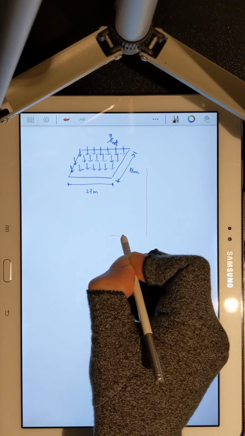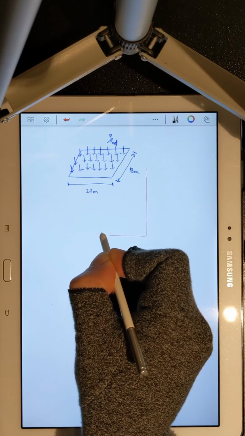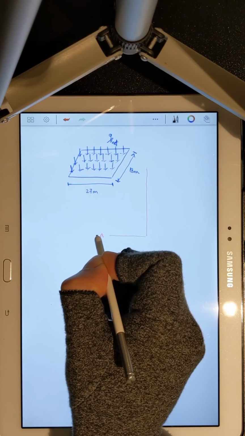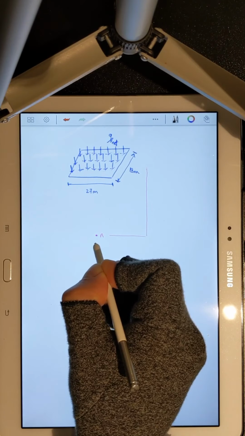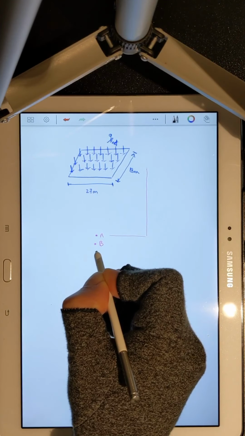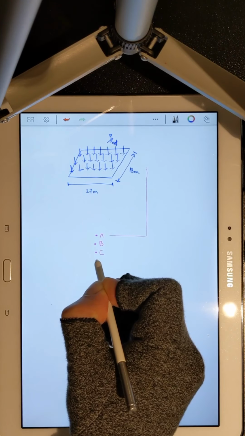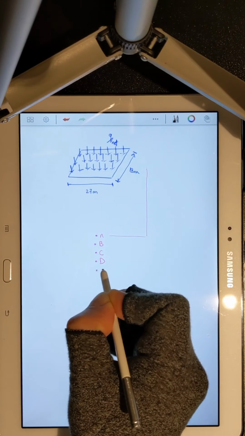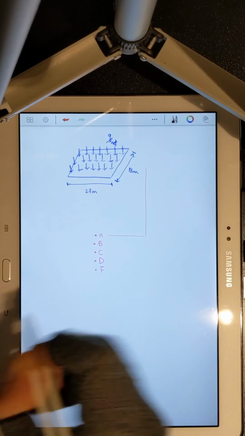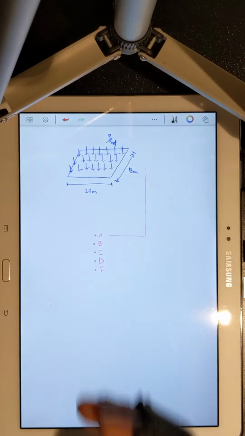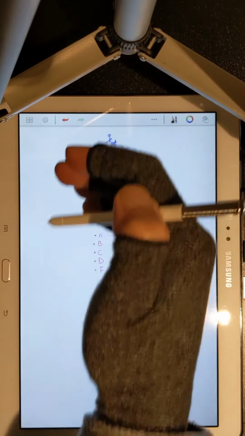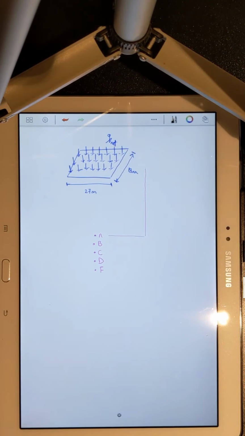The first center, that's point A, then point B, then point C, then point D, and then point F. Each of these points has a distance between where they are and the bed of the foundation.